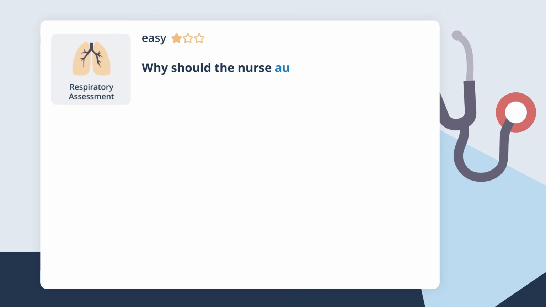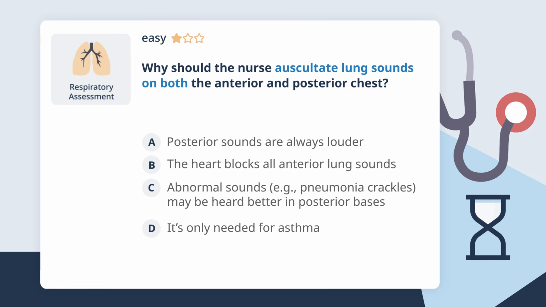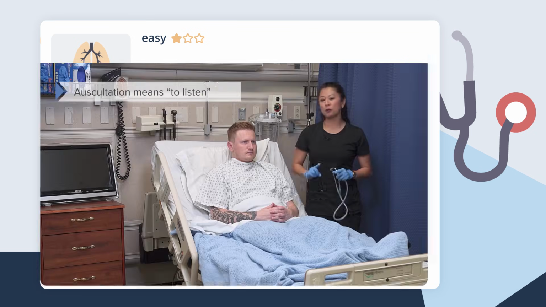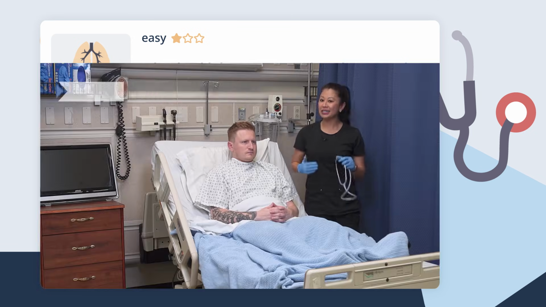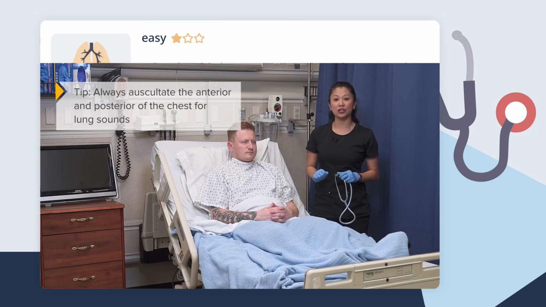Why should the nurse auscultate lung sounds on both the anterior and posterior chest? So here's a really important point to note, and many times you're going to see nurses do this, but it's really important to listen to the front of our patient's chest, Brandon here, and also the back.